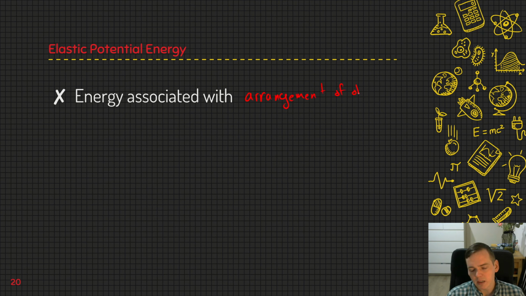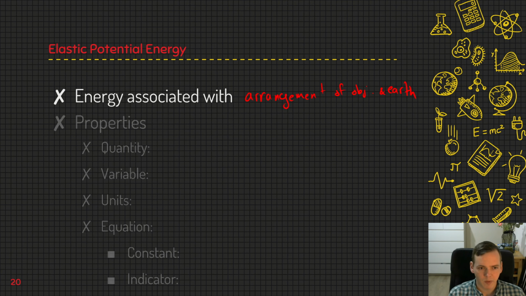If they're in a different position, we're going to see a different amount of gravitational potential energy.